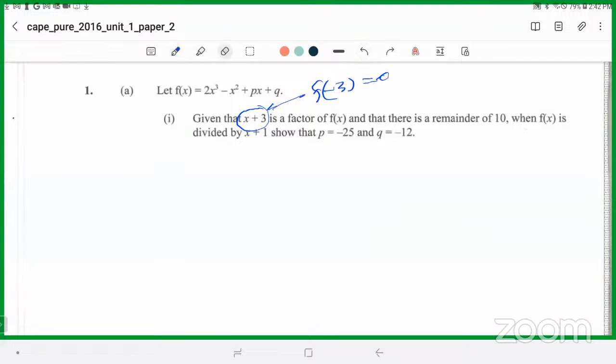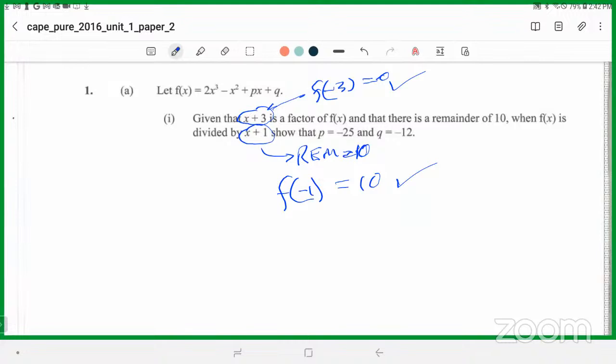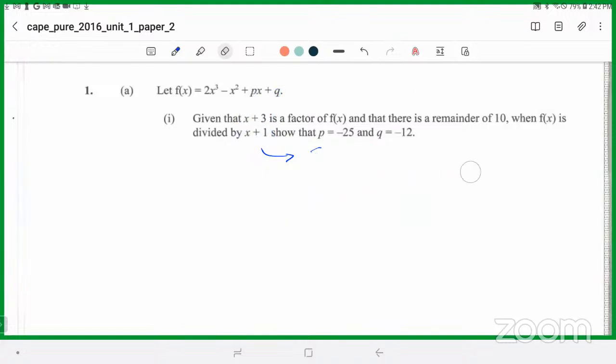So basically x plus 1 gives a remainder of 10, which means that f of -1 equals 10. So that's one equation, two equations, to find the two unknowns, p and q. This is the same thing all the time.